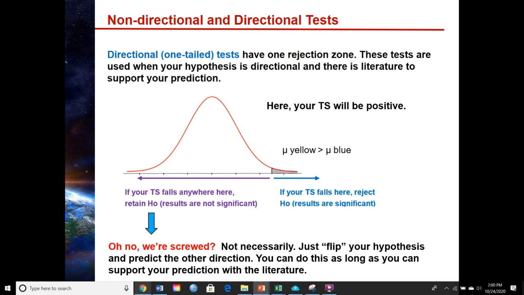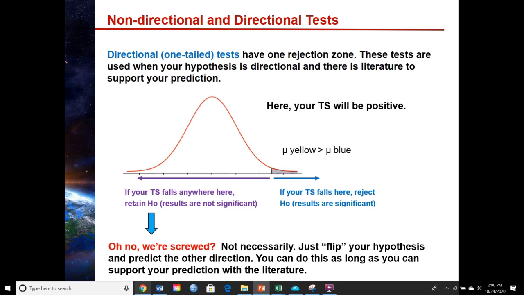But if I flip it, am I going to now be able to find new literature that says alcohol will improve cognition? Well, what do you think? Can I find those studies? Yes, I can. Because guess what alcohol does? Alcohol lowers anxiety.